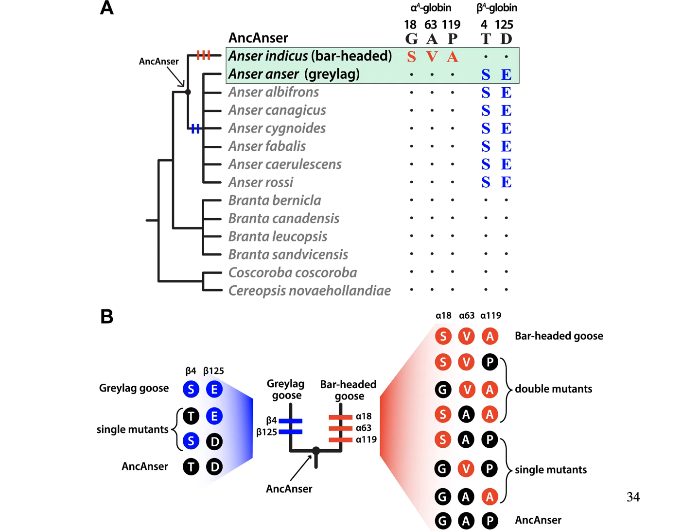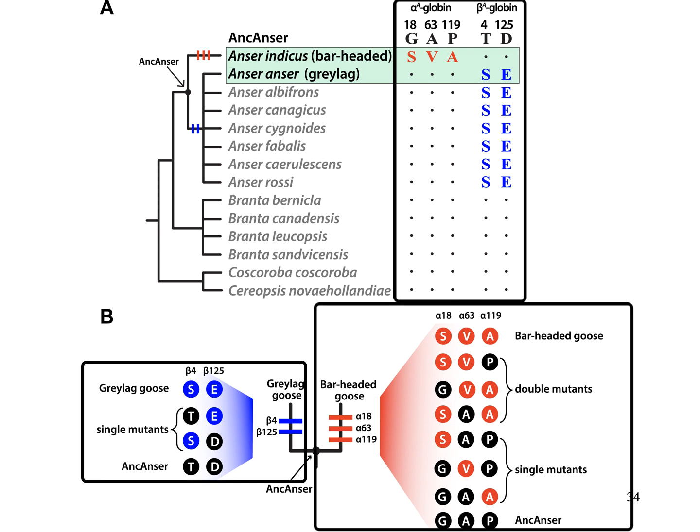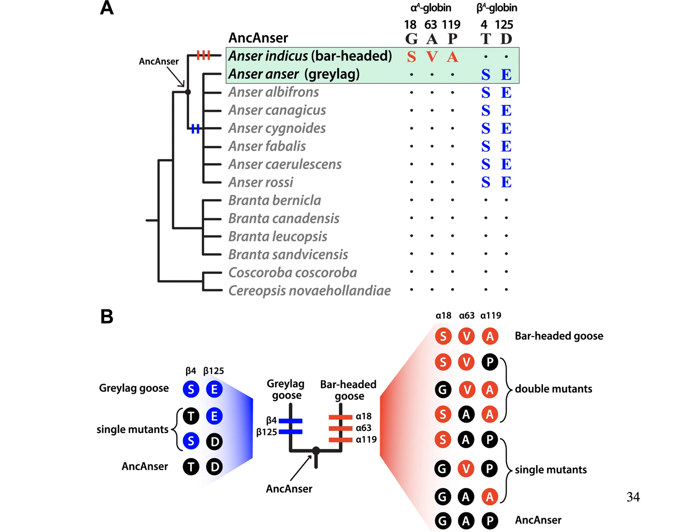One of the differences in bar-headed geese from gray-lag geese is some mutations in the alpha and beta globin genes in hemoglobin. We already talked about hemoglobin in a previous video with respect to the ability to carry oxygen.